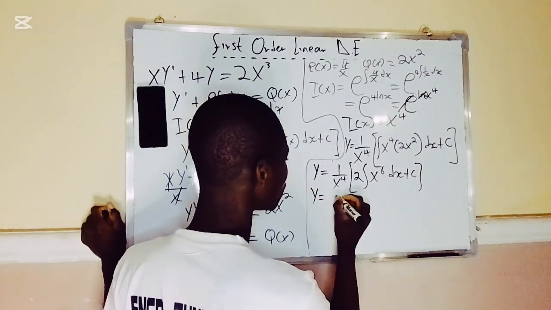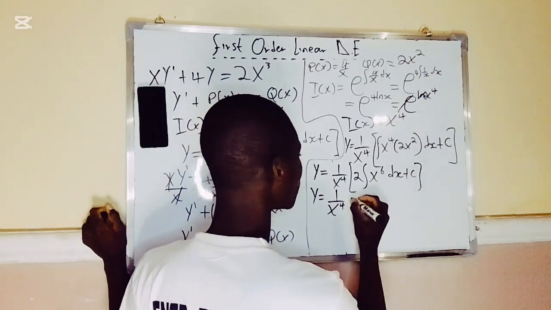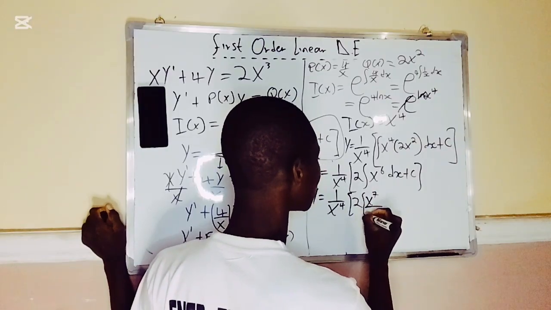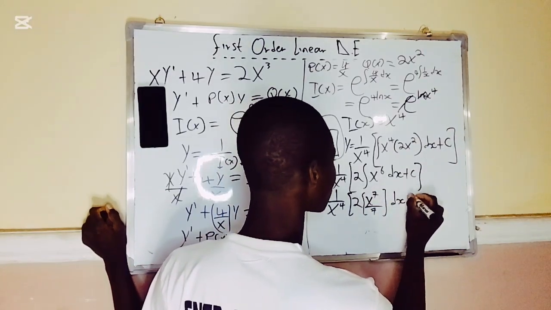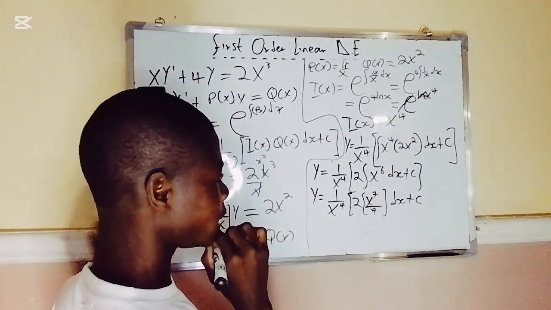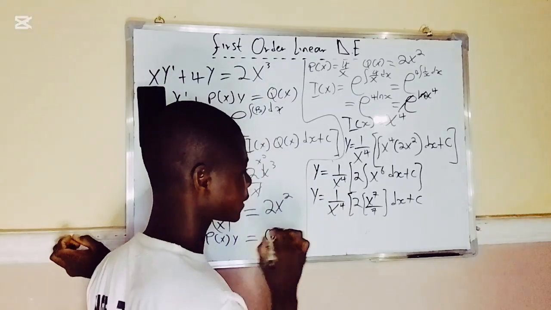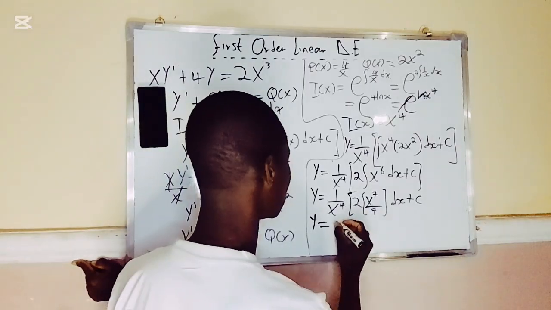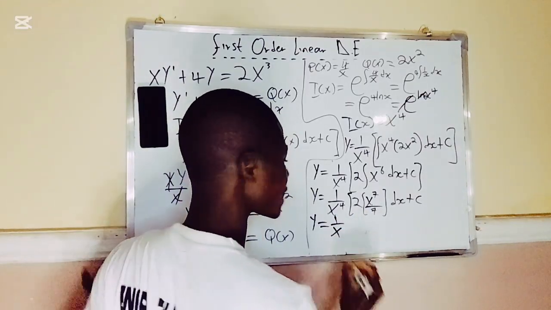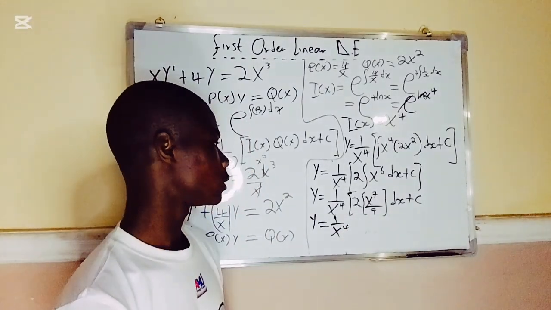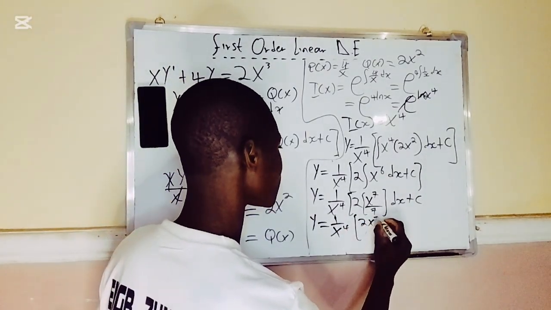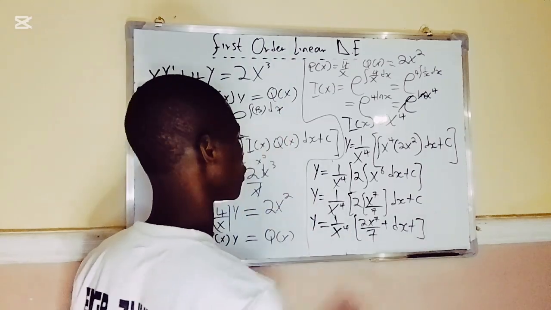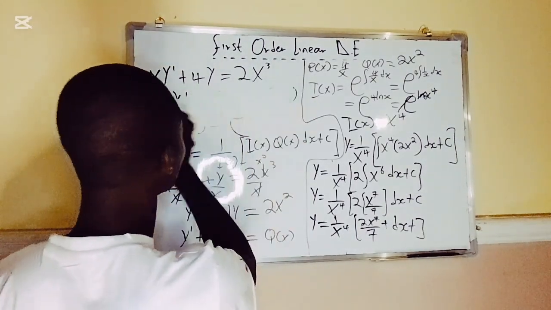So y equals 1 over x to the power of 4 multiplied by 2 times the integral, which is x to the power of 7 divided by 7, plus c. Then y equals this multiplied by this: 1 over x to the power of 4 times 2x to the power of 7 divided by 7, plus a constant.